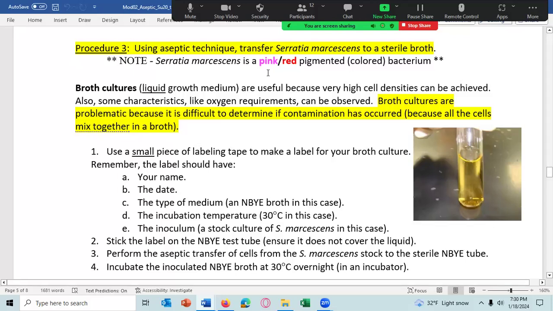However, if there's minor contamination, let's say E. coli is around 10% or anything really less than 50%, you won't notice it. The media will look pink because the majority of the cells are pink. Any questions about that?